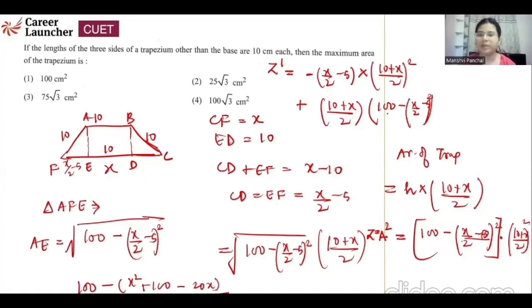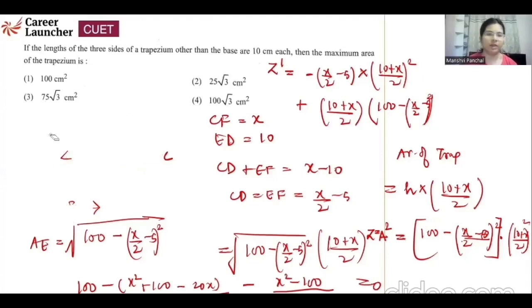We are opening this and I've taken this out: minus (x minus 10) upon 2, and x minus 10 and x plus 10 give x squared minus 100. Now you have to put this equal to 0, right? So this is the equation. Let's put it equal to 0.